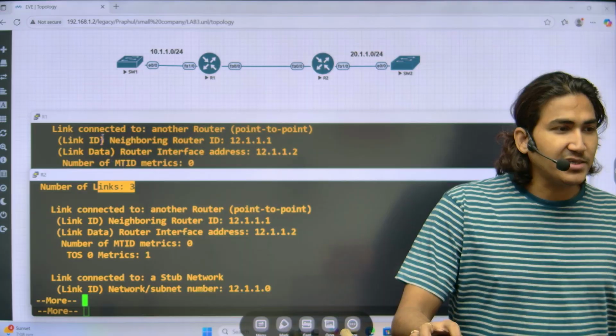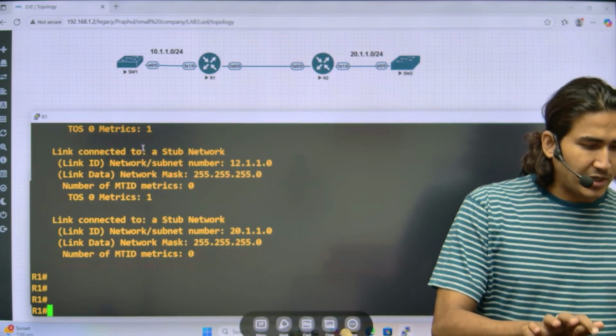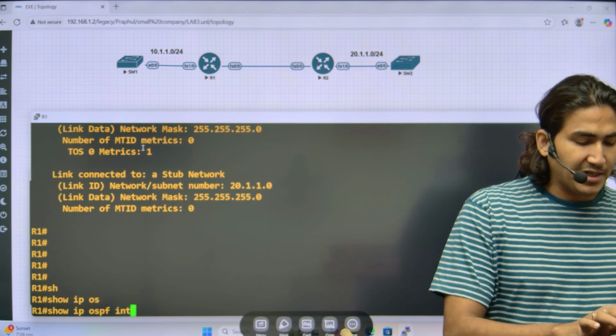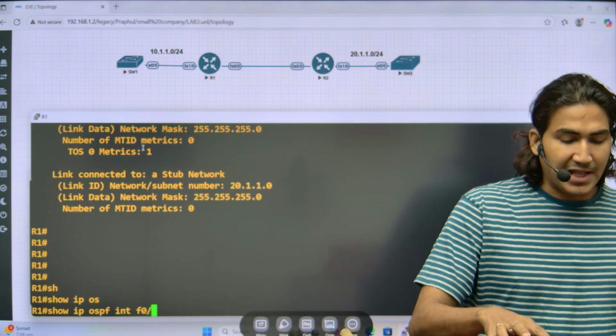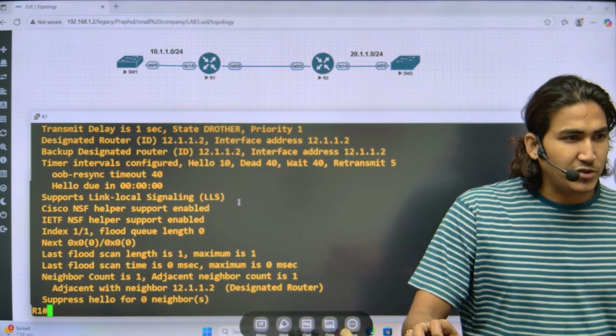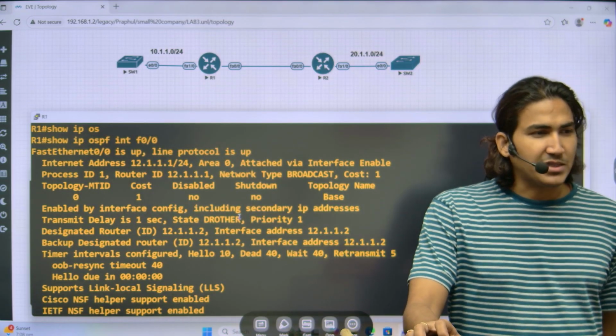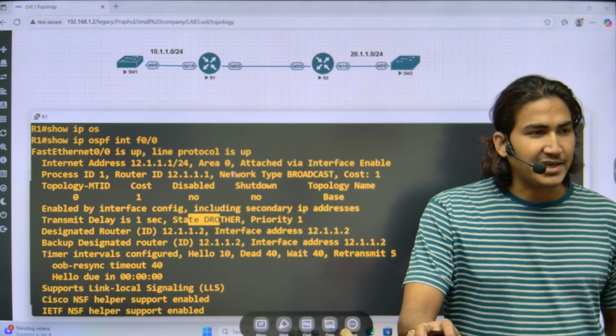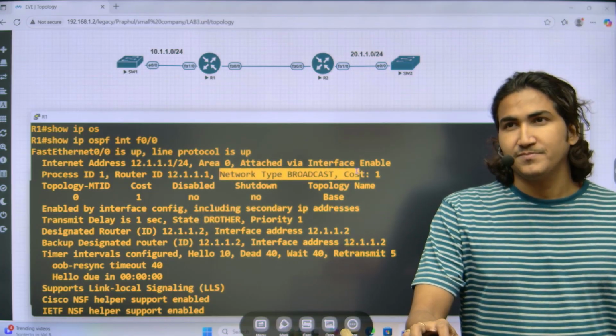Let's verify it. On router number 1, I am going to run the command show IP OSPF interface F0/0. On F0/0 on router number 1, you can see the state is DR other, and the network type is broadcast, right?